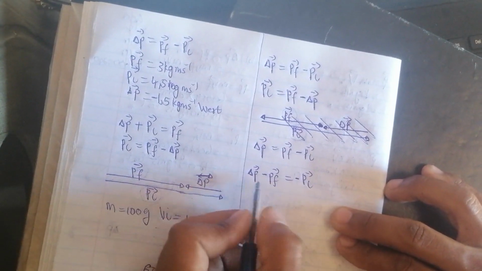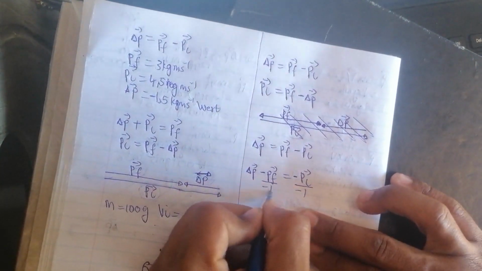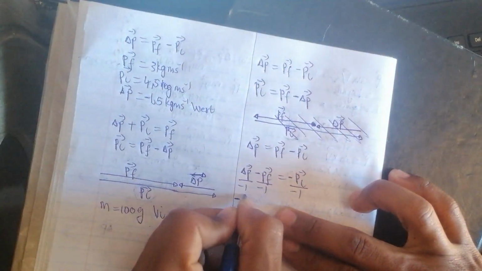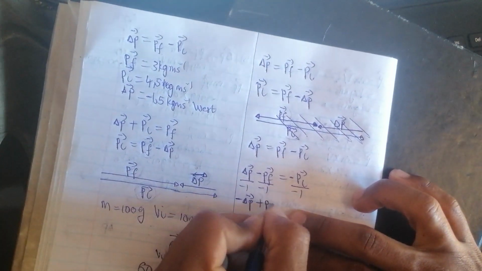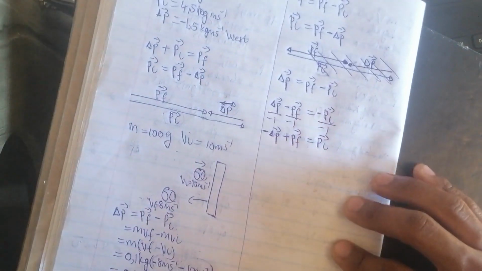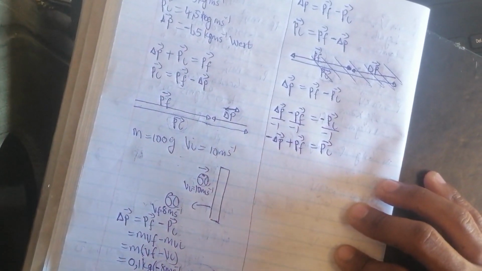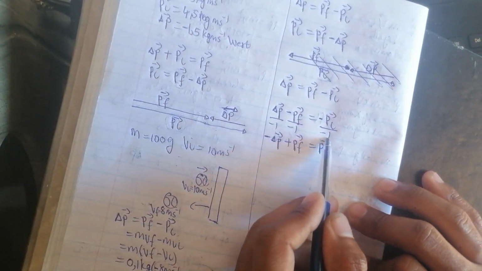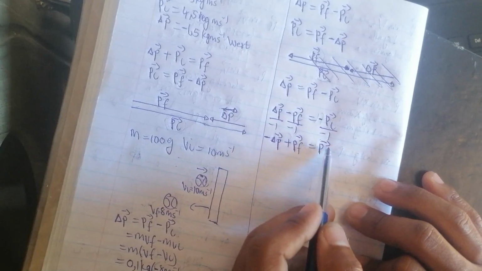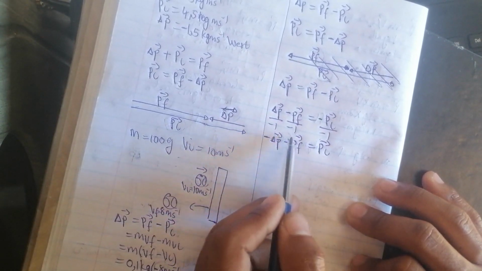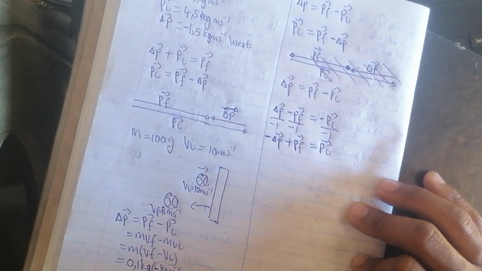Then we can divide everything by -1, so that we have negative change in momentum plus final momentum equals the initial momentum. So we are saying here, the initial momentum should be equal to minus change in momentum plus final momentum.